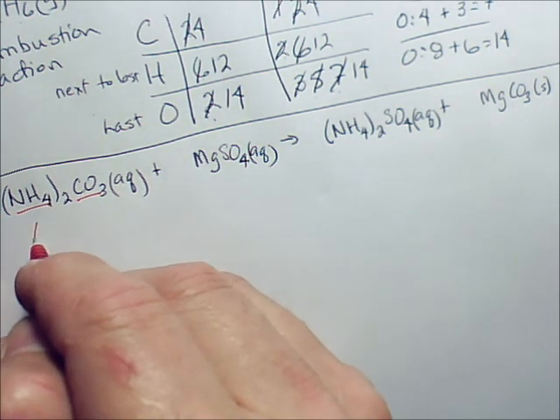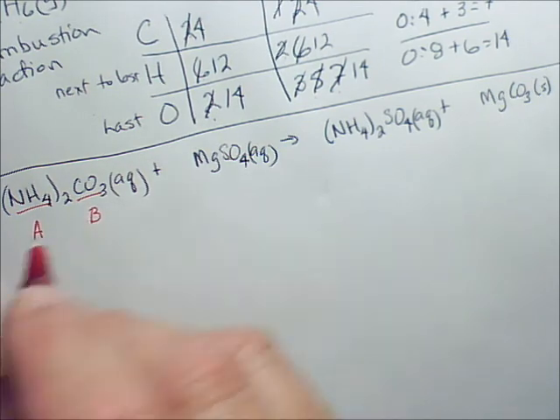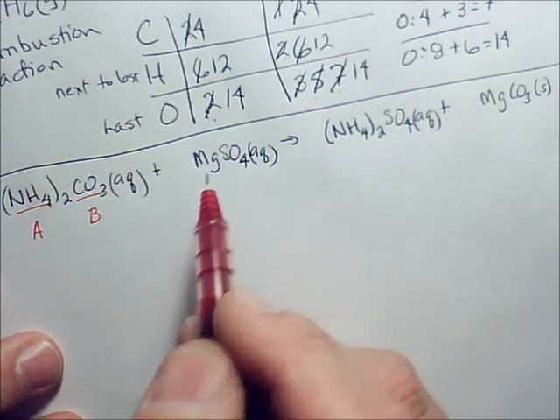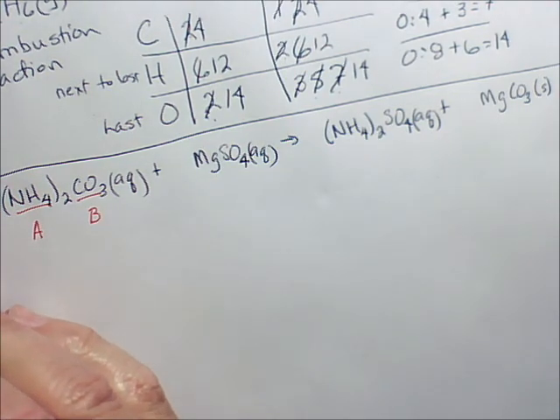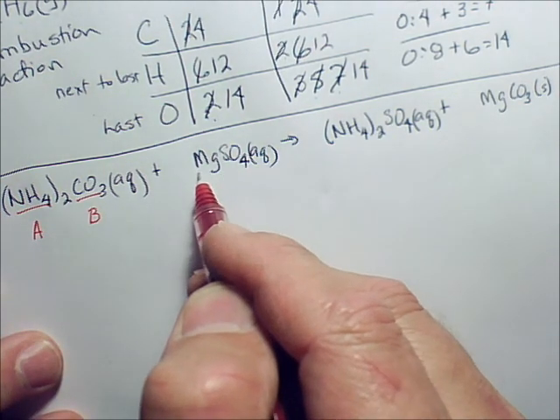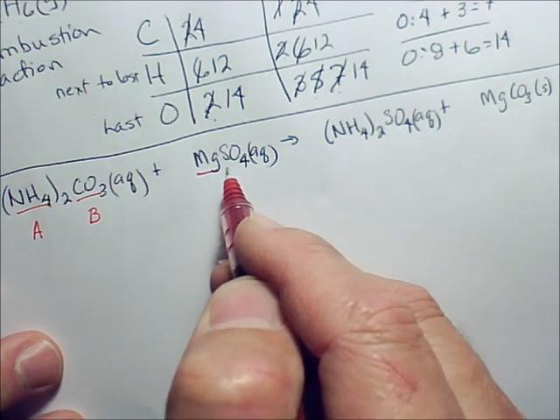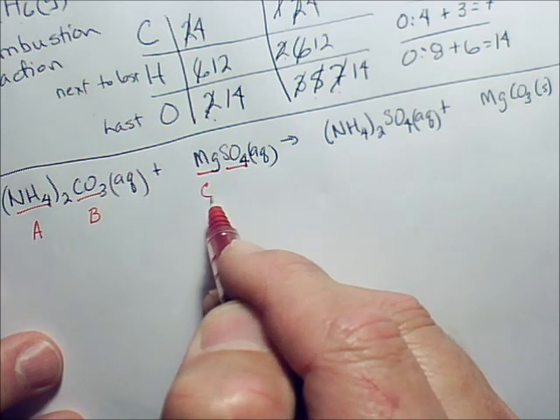So if we label this in that AB form, then that's A and B. This is magnesium sulfate. It's an ionic compound. You've got 1 part that is magnesium, the metal ion, and this sulfate ending. So that's a C and D part.